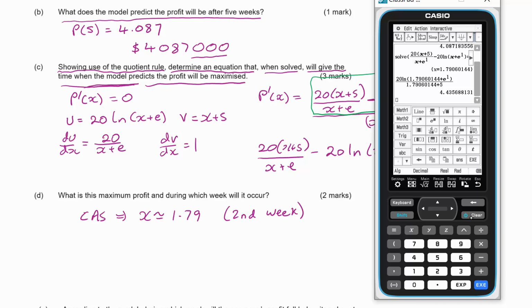And that gives me 4.436. And so we can say that, since it's in millions, that is 4,436,000.